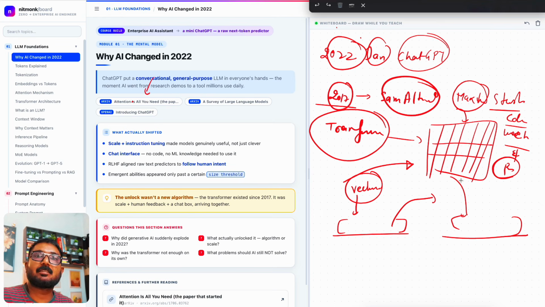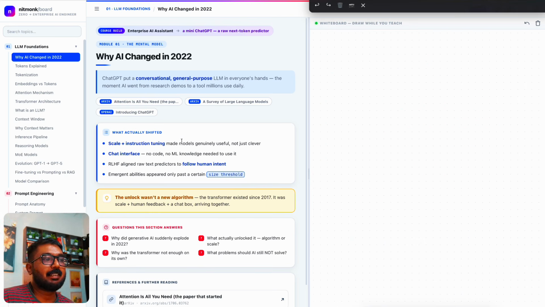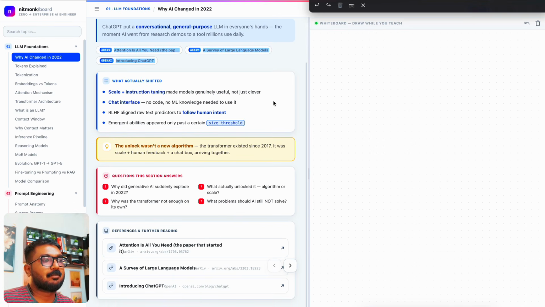That's what this transformer does, and this transformer is trained on lots of data, and on the basis of that data we run these complete LLMs.